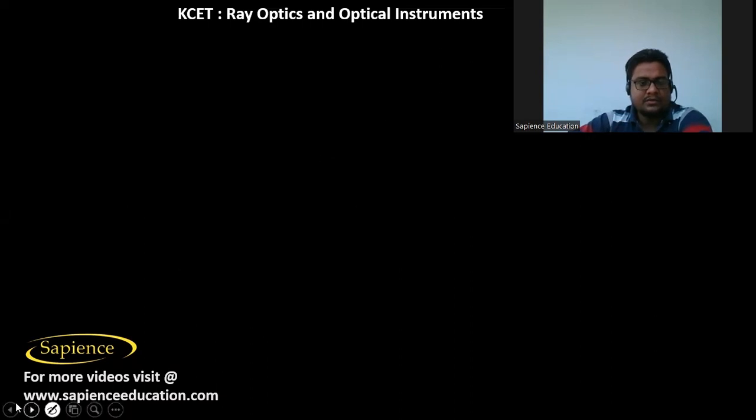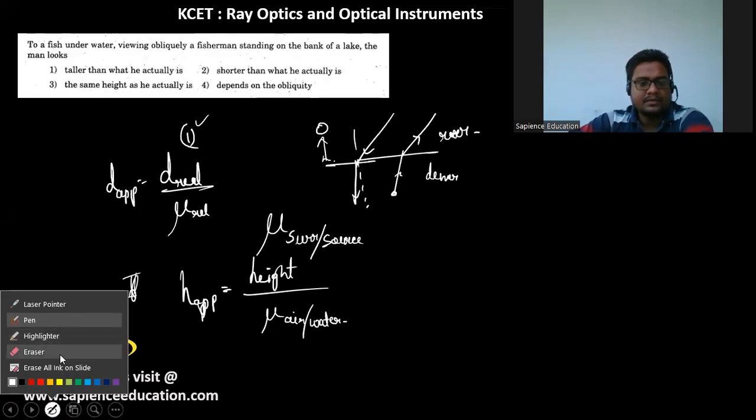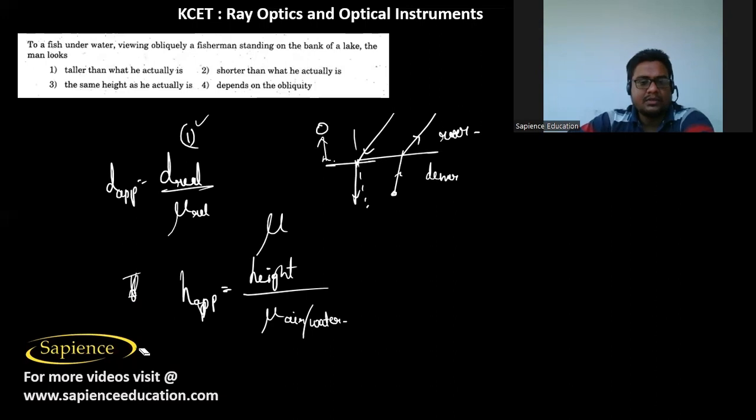Here actually the mu relative is the relative refractive index of the medium of the source of light with respect to the medium of the surrounding.